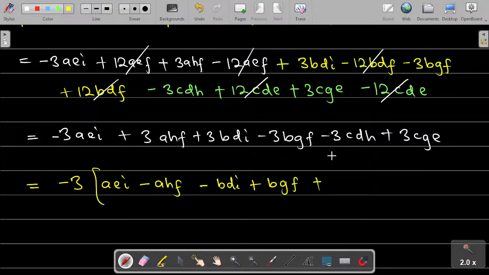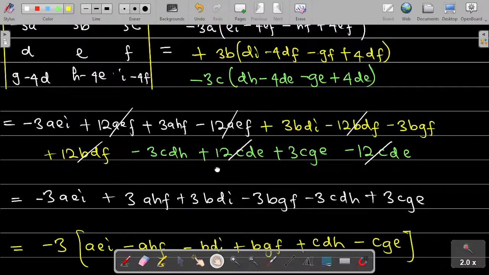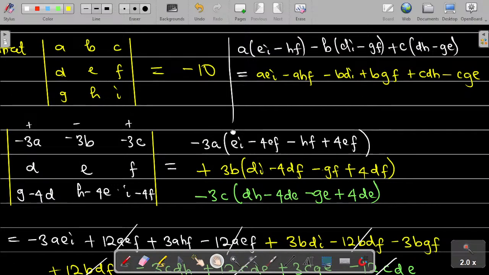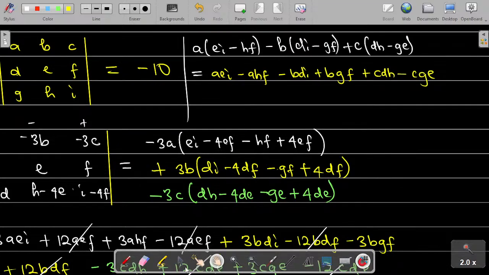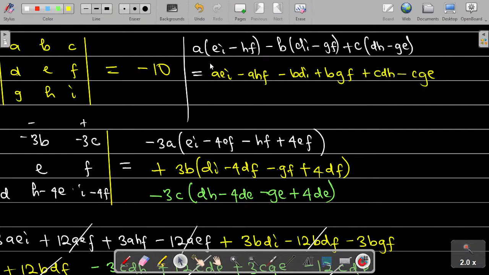So this will be plus CDH, while this one will be minus CGE. All right, so let's try to bring down that value we got as the determinant of this. Let's try to see if we can bring it down. Let me see. Okay, here we have, okay, so did I copy it well?